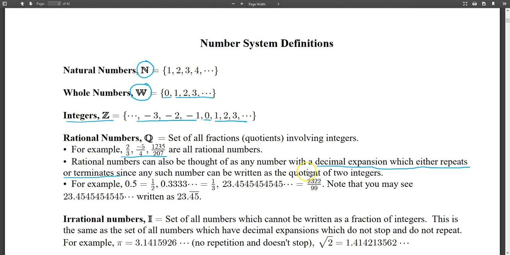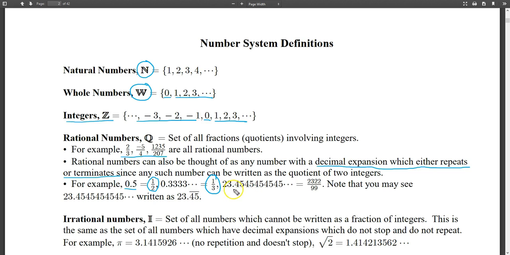We're not going to prove that here, but it is a fact. For example, 0.5, that terminates. That's, of course, 1/2, the quotient of two integers. 0.333 repeating, that repeats, and we can write that as 1/3, quotient of two integers.